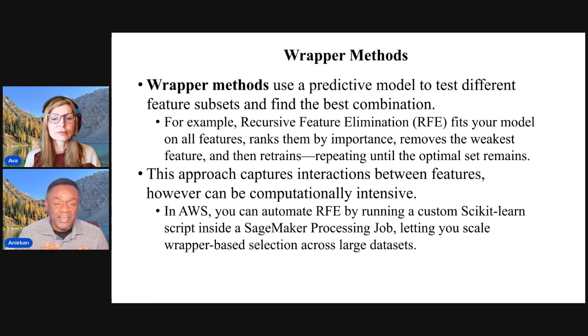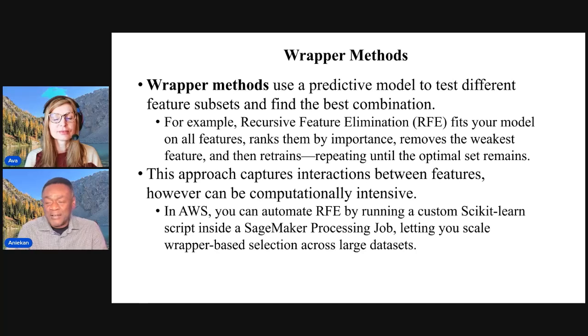It works by training a model with all the features, ranking those features by importance, and removing the least important feature. And then repeating this until we have the desired number of features. So while this method is very thorough and can find important relationships between features, it takes time and computation cycles to run. However, the good news is that if you're using AWS, you can leverage, guess what? SageMaker. Exactly, to automate this process and handle large amounts of data efficiently.